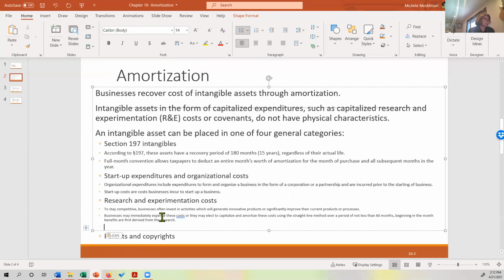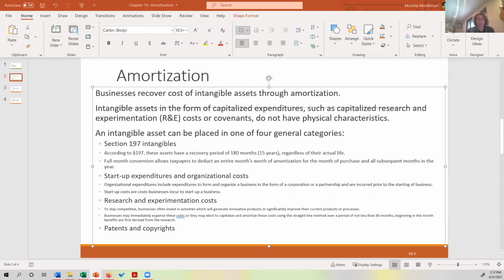So they can immediately expense those costs, or you can elect to capitalize and amortize using a straight line method over not less than 60 months, okay? So again, you've got some options, but those are going to be different than what you'll see from a financial accounting perspective.